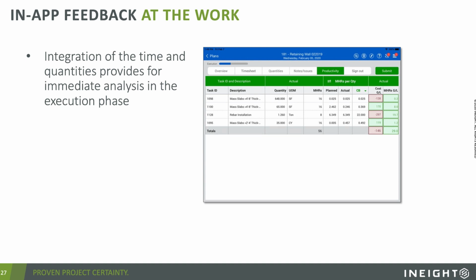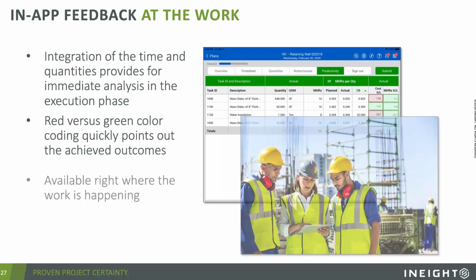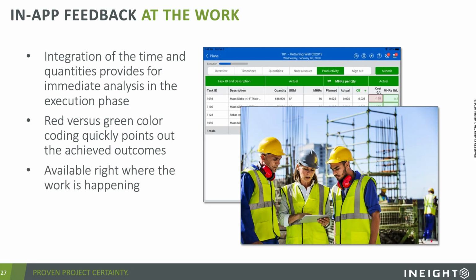We've got quantities, those are up against some sort of budgeted unit rate. What does our gain loss look like as we're doing the work? So we can make real-time decisions right there at the operation to try to speed things up. And again, the red versus green color coding quickly points out the achieved outcomes, and most importantly, it's available at the work, where the operation is happening, on that mobile device.